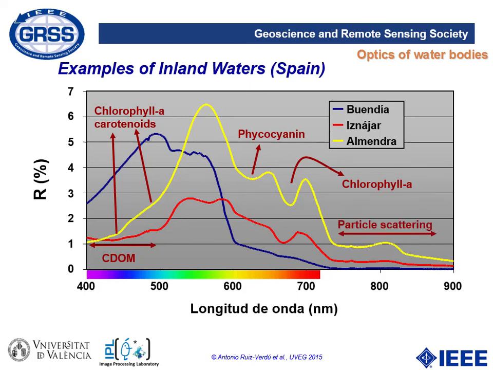At the end, the particle scattering could be measured in the infrared, because in this region the absorption of optically active constituents is minimum, and therefore the absolute value of reflectance will be basically determined by the particle scattering.